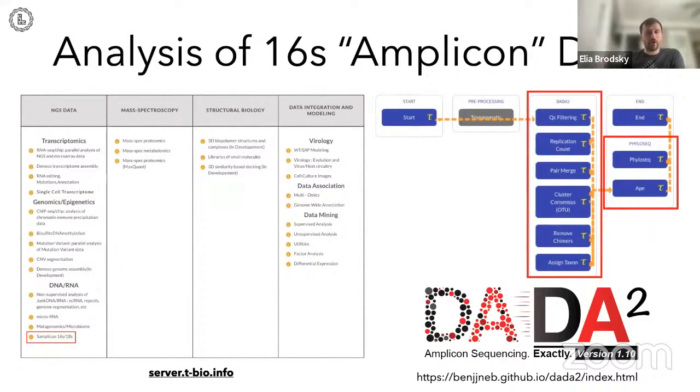And number four, at the end of that, we really do not understand in full detail how to interpret the differences in composition, be it differences in taxonomic abundance or differences in composition in terms of diversity and things like that.